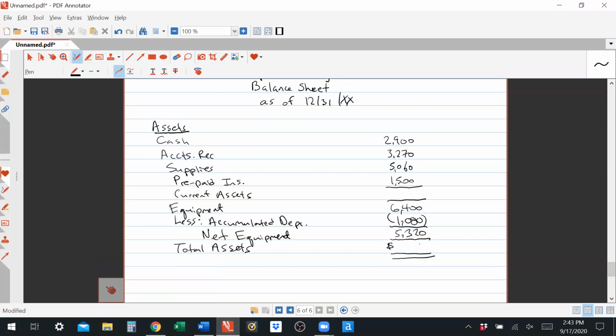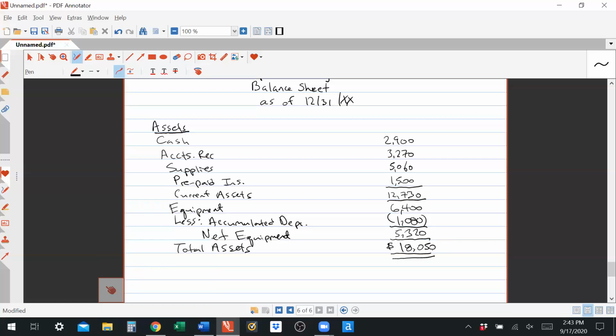So let's see what our total current is. 2,900, 3,270, 5,060, 1,500, 12,730. Add the 12,730, that's our current assets, to our long-term assets of 5,320. And that gives us total assets of $18,050.